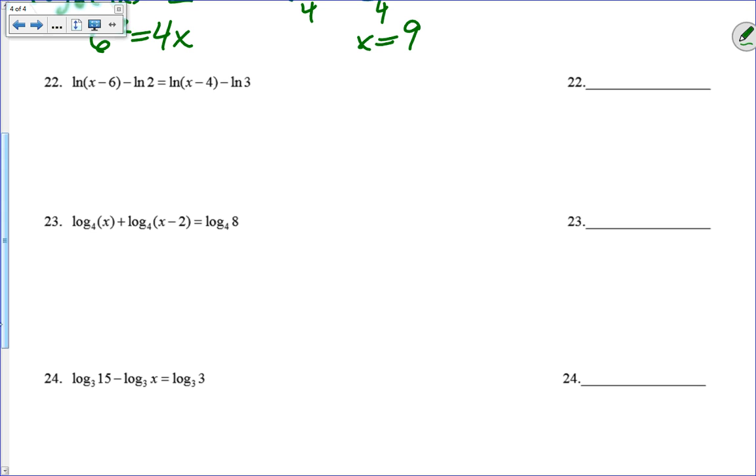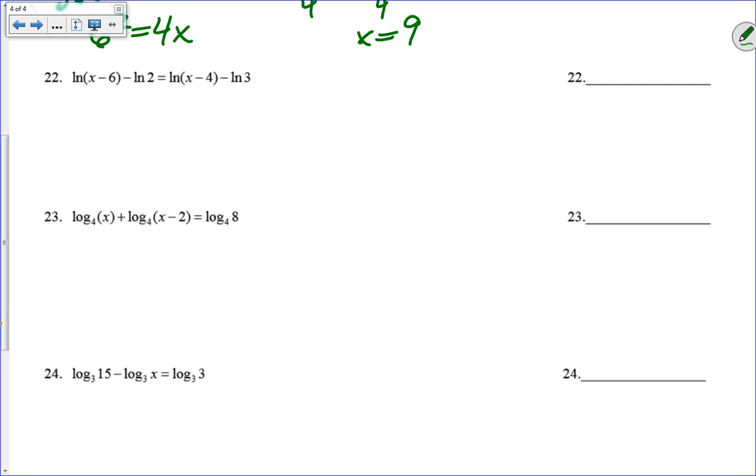Everything's good, right? So now we got natural logs. Same things apply. But now we have a case where we have natural logs on both sides, right? What was nice about that? Do you remember? Let's take this and we'll see when we get there. So how would we combine these natural logs together?